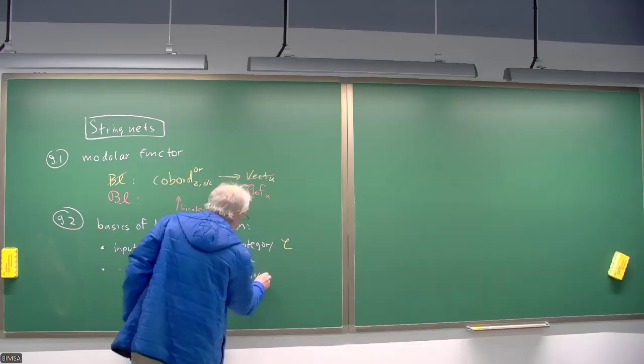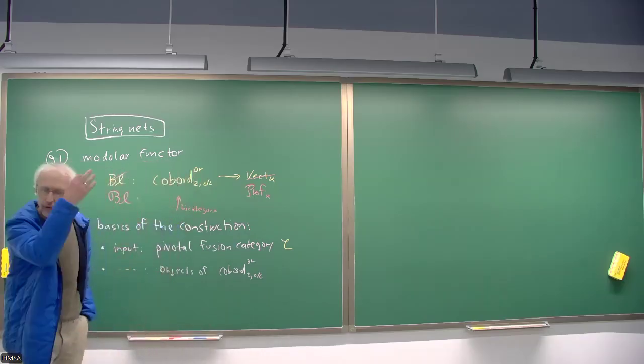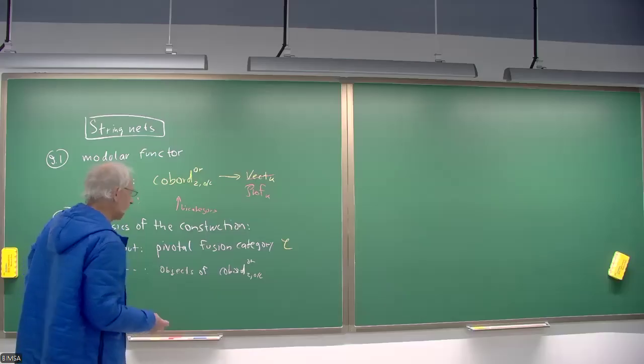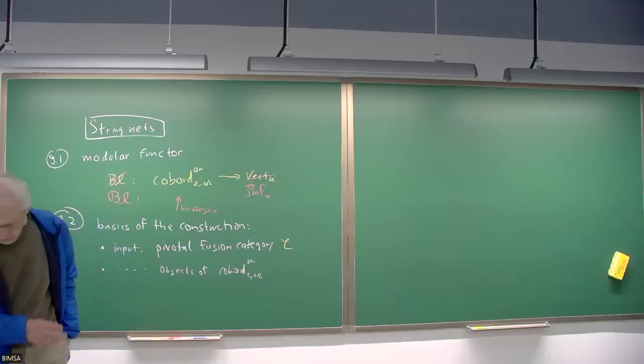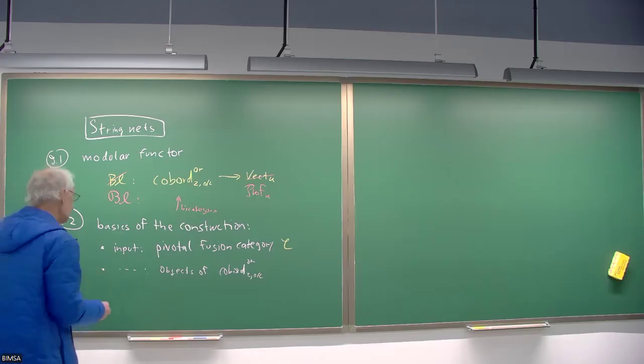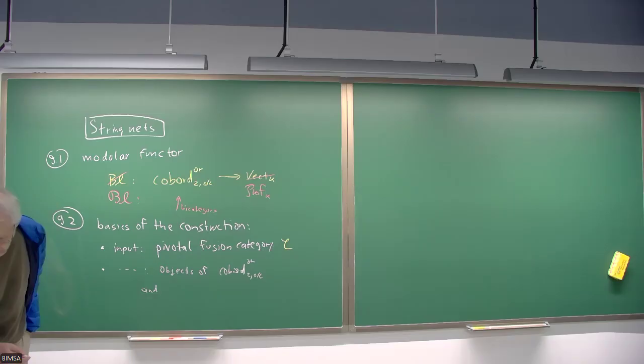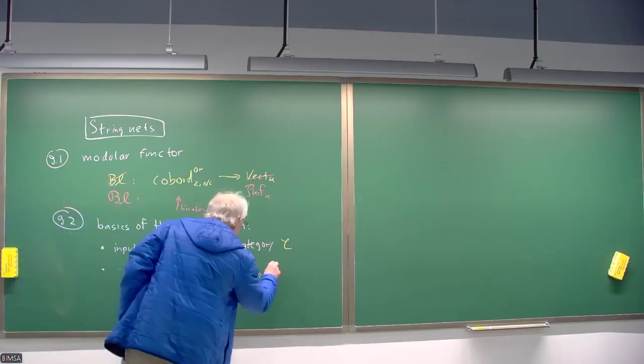And I will just refer to them as surfaces. They are always oriented, compact, and smooth, but I will just say surfaces. Also, these surfaces I will typically denote by sigma.